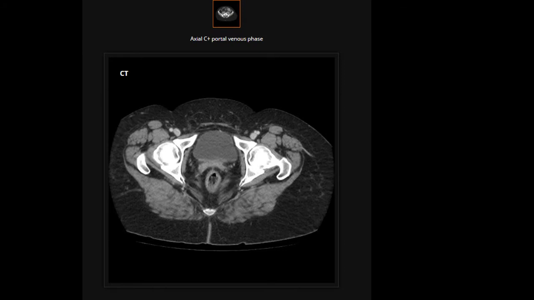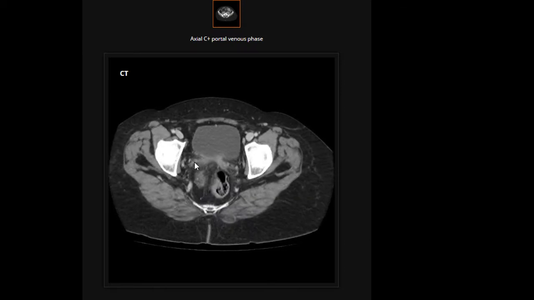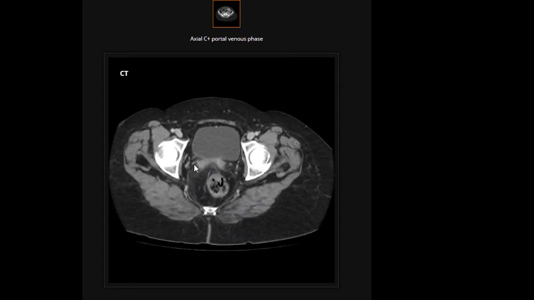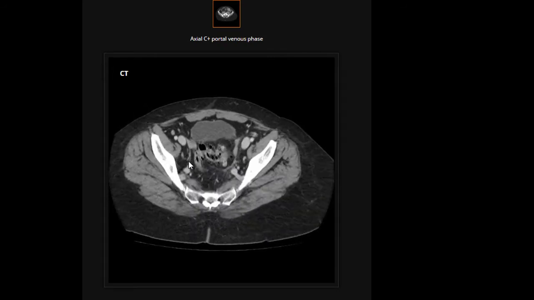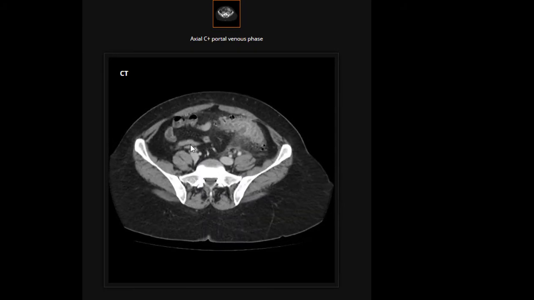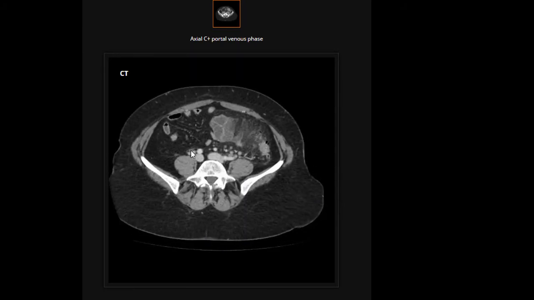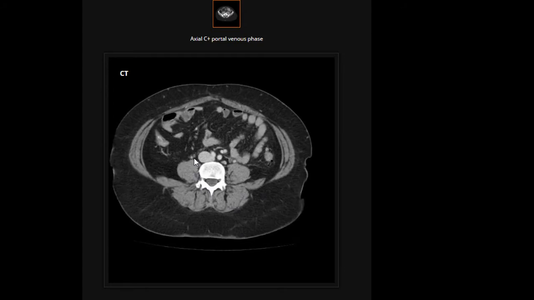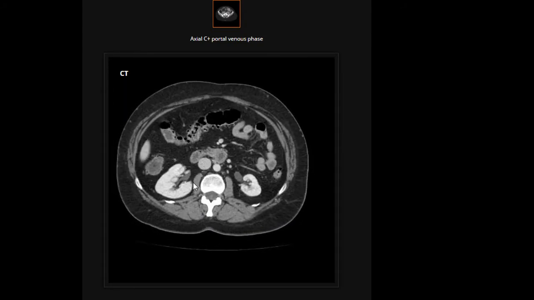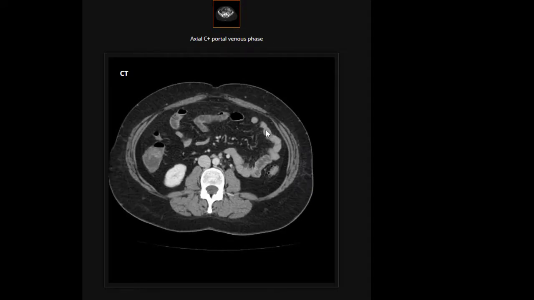We'll follow the right up. We can see the ureterovesicular junction over here, and we can follow the right ureter up. Sometimes it's a little hard to follow at this point, but we can see it coming up over here. And there's no abnormal dilation, so that's normal.